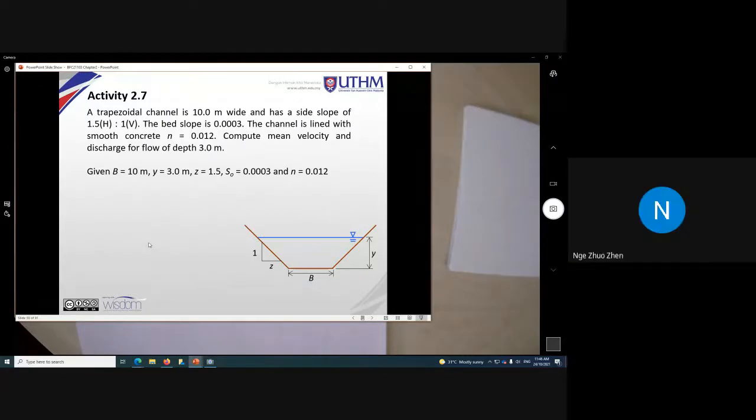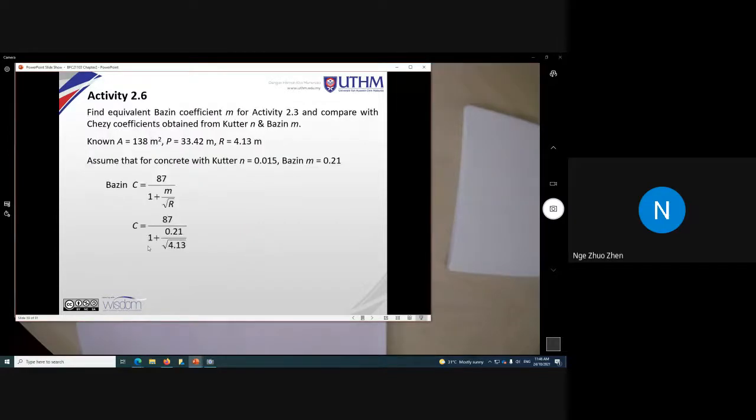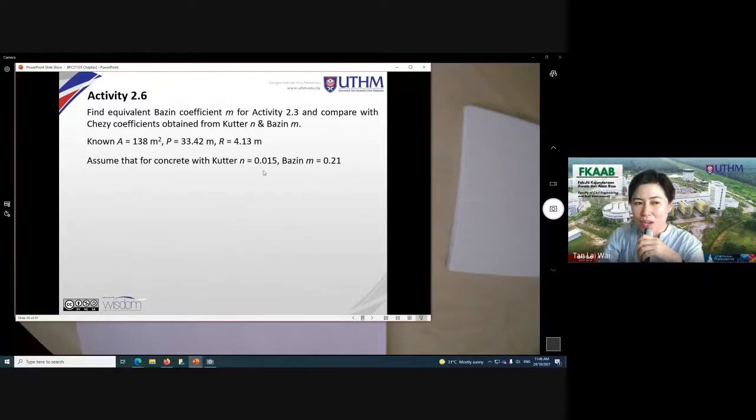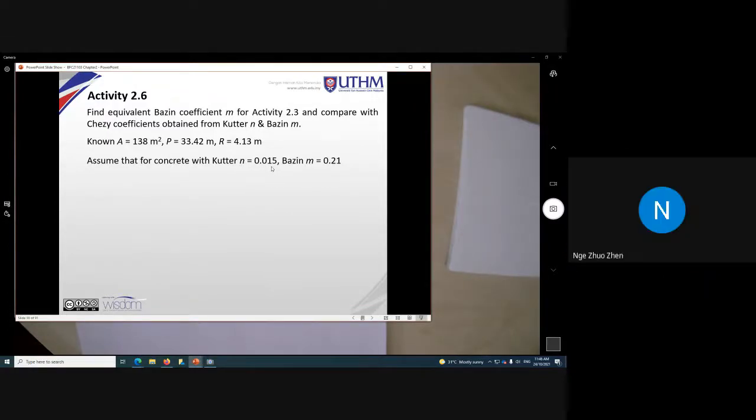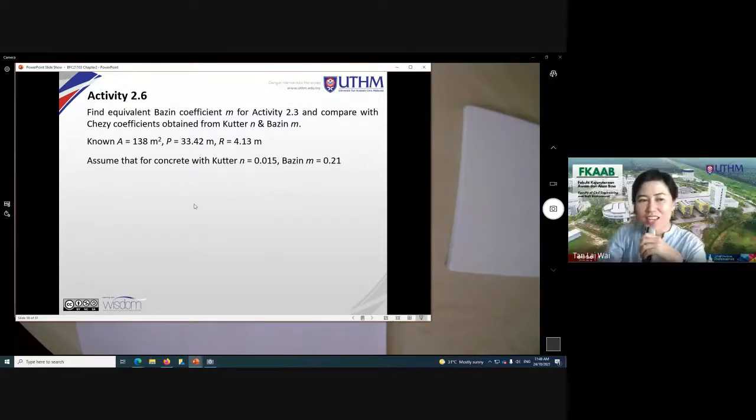Doctor, may I ask about activity 2.6, why was the Bazin M value 0.21? The Bazin is 1, the Kutter 0.015, am I right? Yes. Why is the Bazin value 0.21?